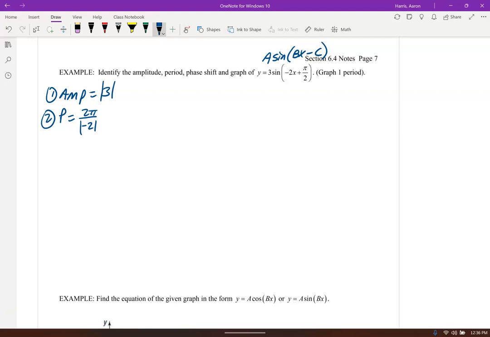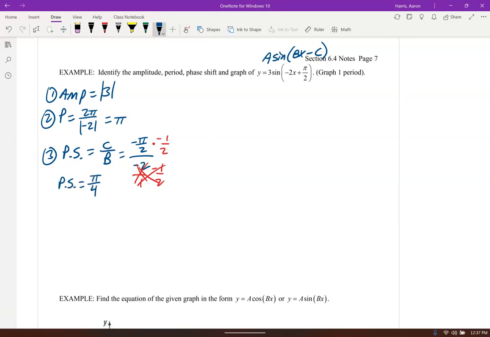Okay, so you've still got a period of pi here. Your phase shift, c over b, the c here is negative pi halves, the b is a negative 2, that over 1, so times negative 1 over 2. You got pi over 4.